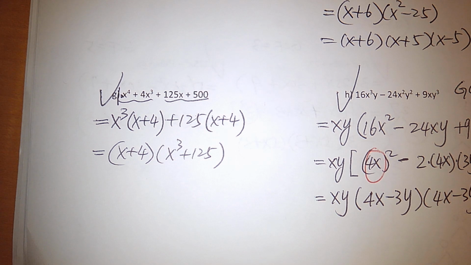For a trinomial, we see whether we can use a formula or not, or we use the trial and error method or the grouping method. And if we have a 4-term polynomial, the only way we can factor is grouping, 2 terms and 2 terms, okay?